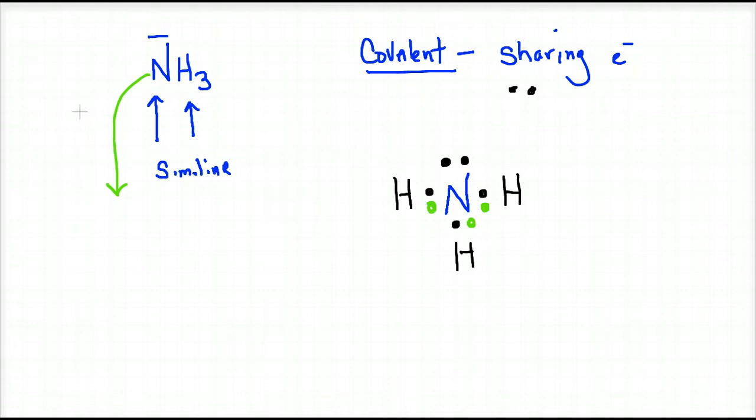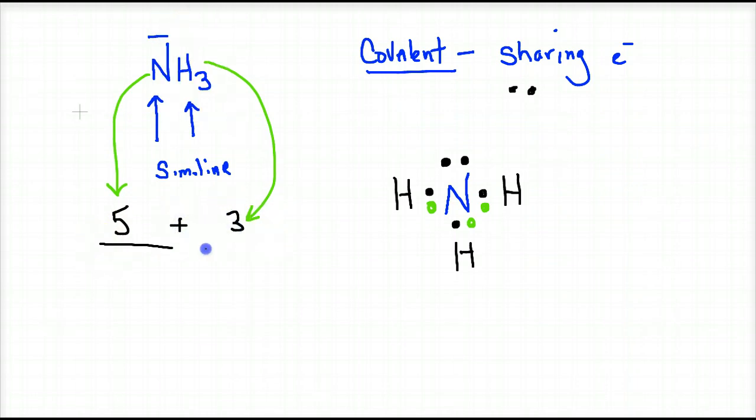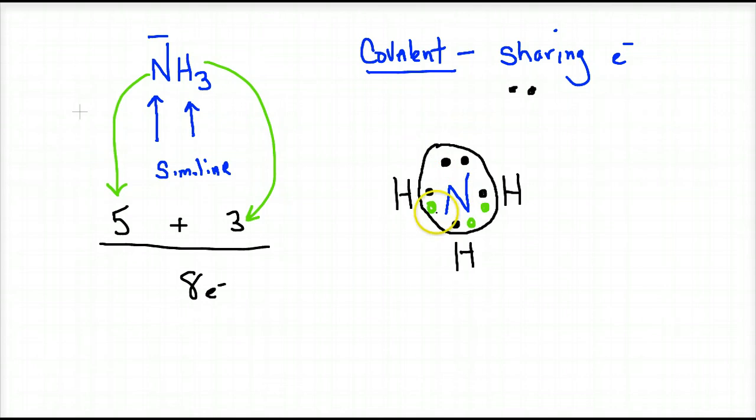Nitrogen has 5 valence, and each hydrogen brings 1 apiece, and since there are 3, there are 3 electrons for a total of 8 electrons. And these 8 electrons make every element stable. This nitrogen feels like it gained 3 to go from its 2-5 to that 2-8, that octet.